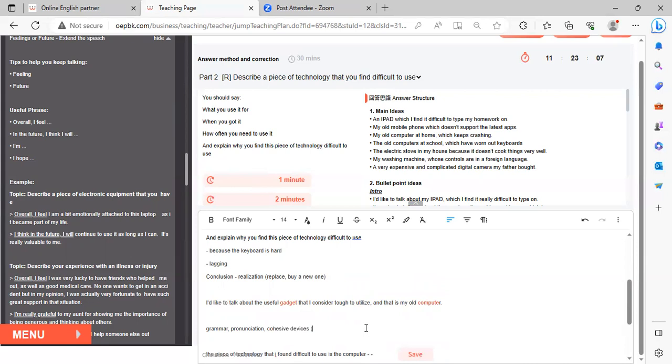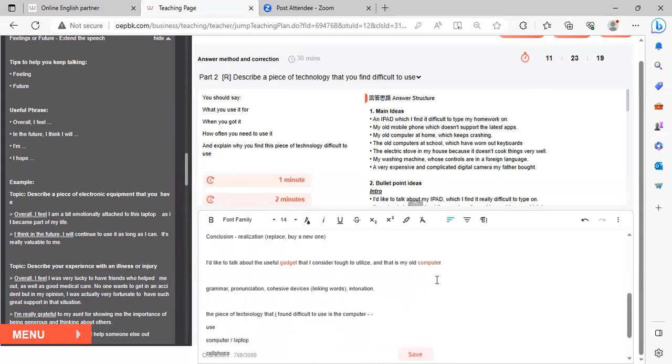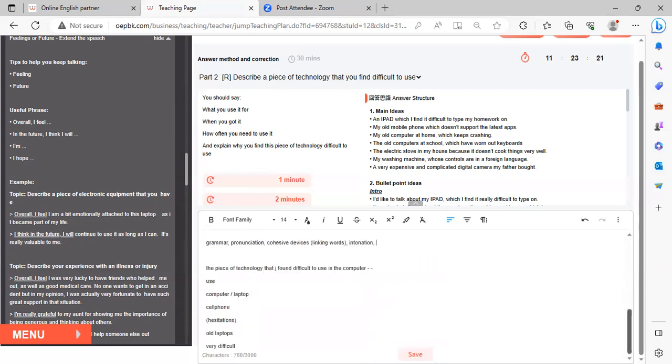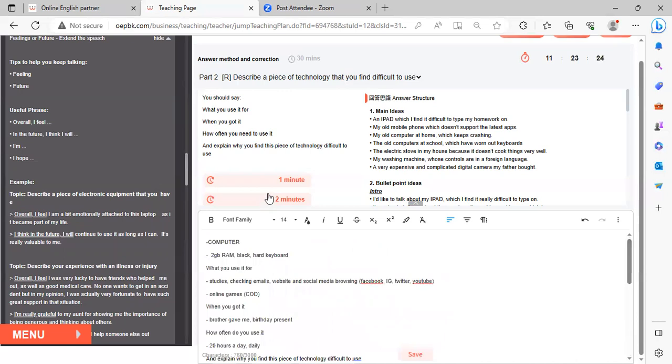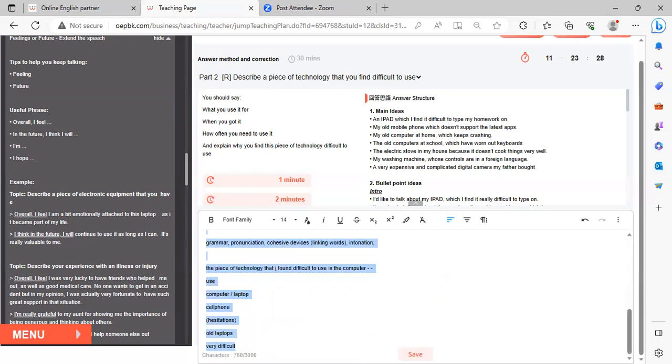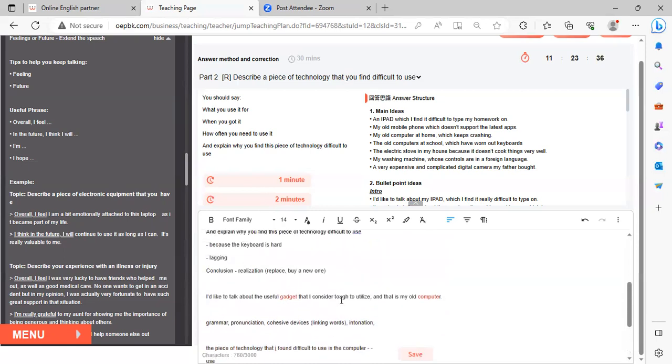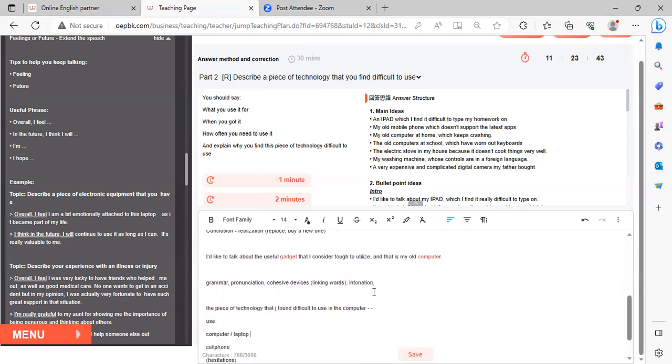Be mindful of your intonation. All right. So I believe that for the 2 minutes delivery, it will be easy for you because you already have here your introduction, your main points or your content, and of course, the conclusion. So you have the guide for you to complete the 2 minutes delivery.